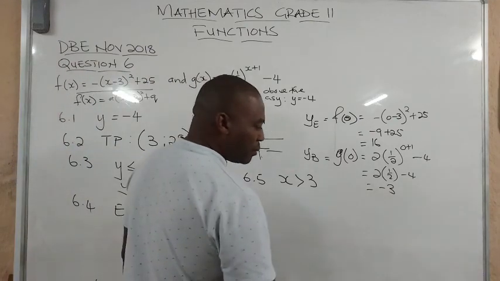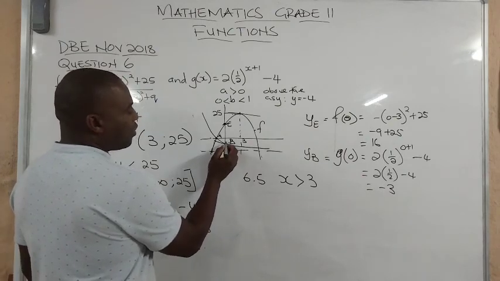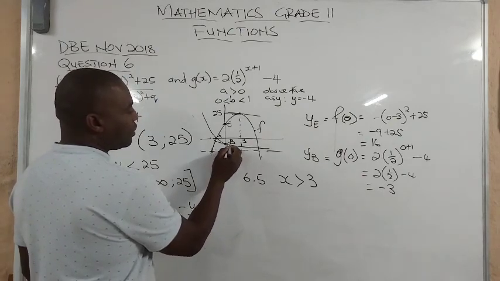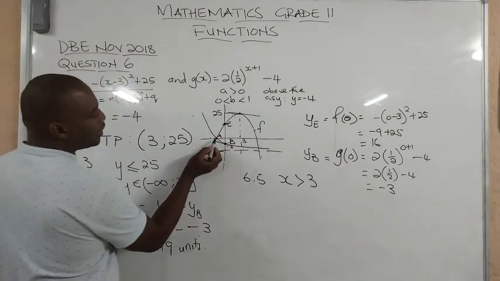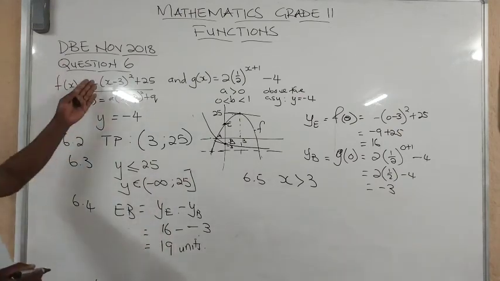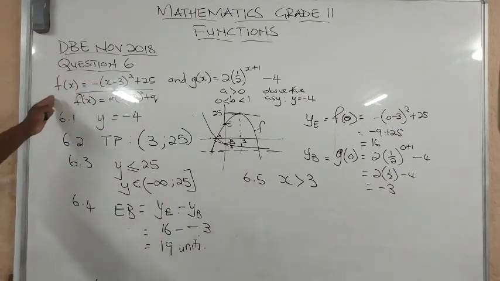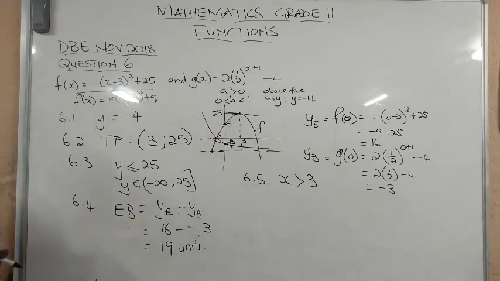And B, we have already found the coordinates of B. We know that y is negative 3 there. So all what we need is to find the coordinates of A. So you may decide to use f of x, you may decide to use g of x. Whichever you will use, you should be able to get the same answer.